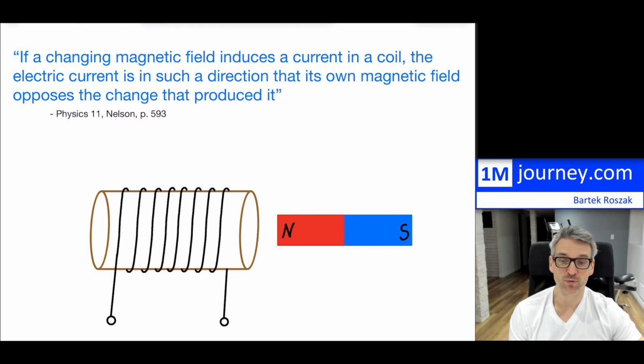So now if you're moving it inside, then you do have a changing magnetic field, right? If it's stationary, nothing actually happens, because the current can only be induced if there's a change in the magnetic field.